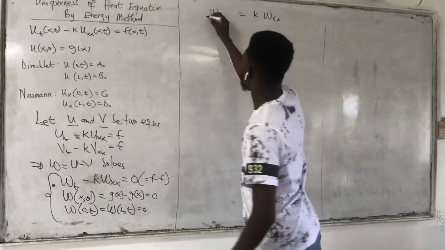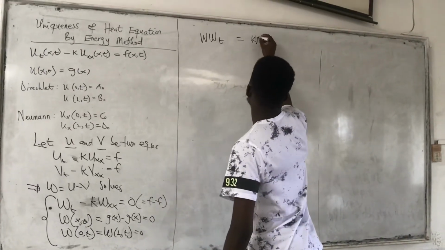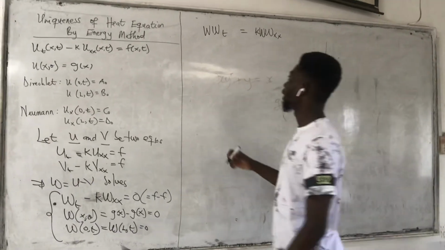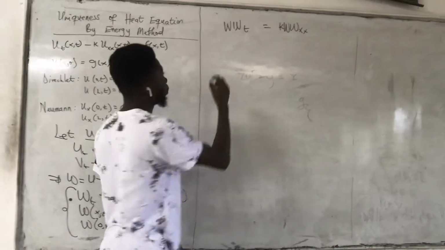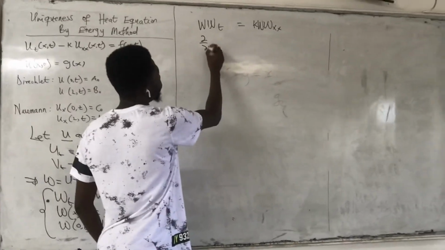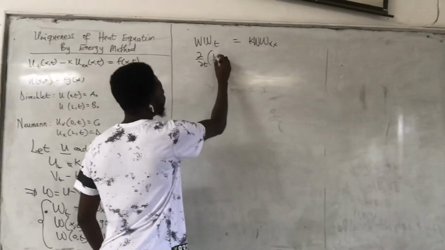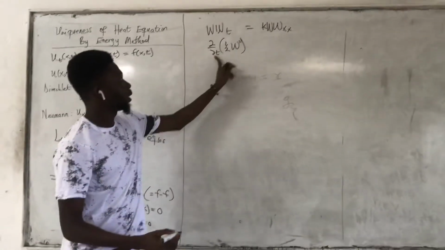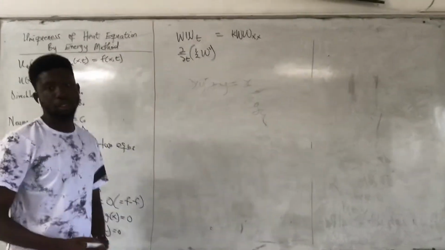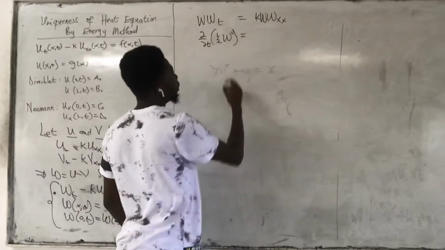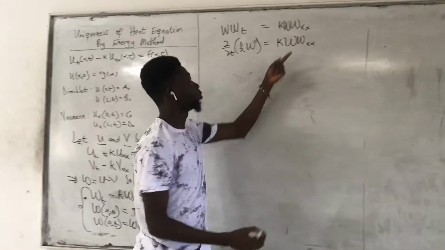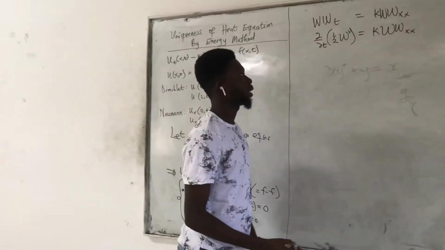We will now multiply through by W to generate this equation, and looking at the left hand side very well, we could easily rewrite it as the derivative of half W squared. That is, by finding the derivative of this, it quickly gives us what we have here. Having dealt with the left hand side, we could also find an expression for the right hand side.